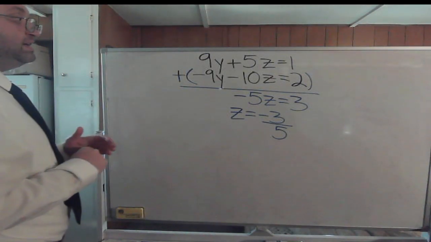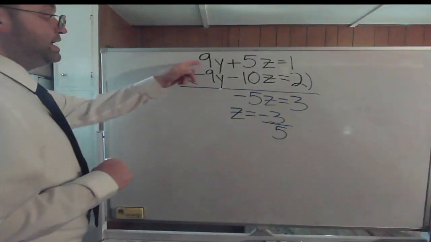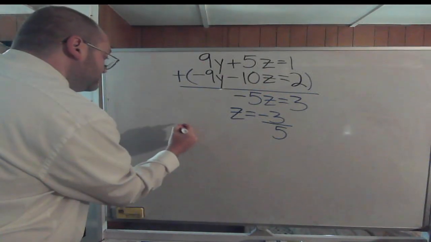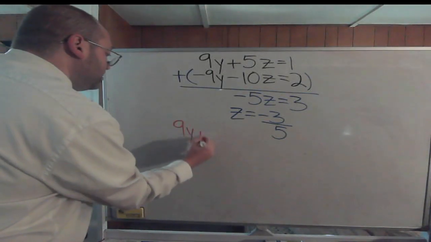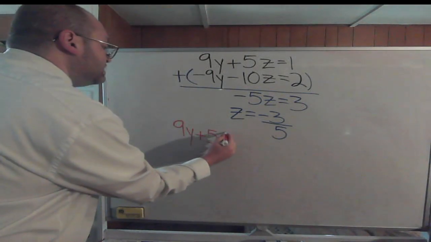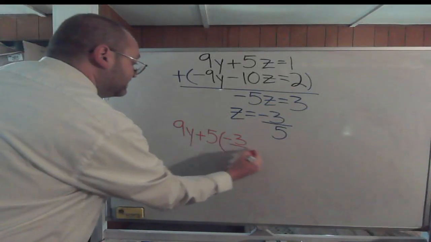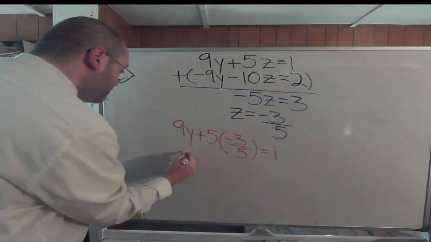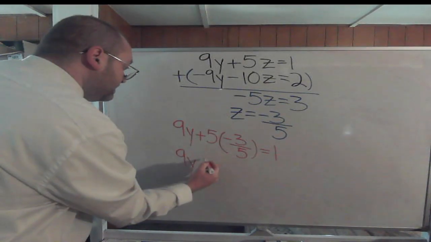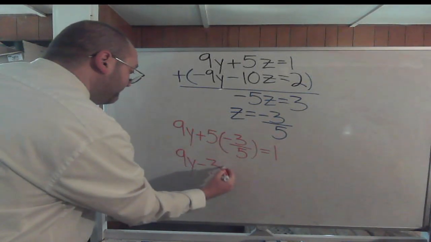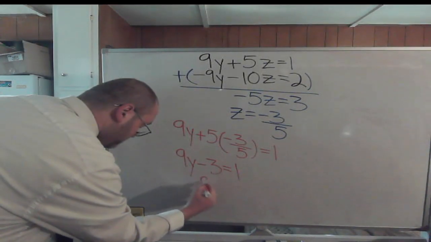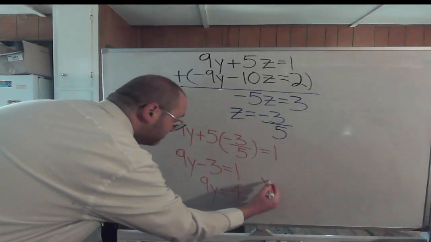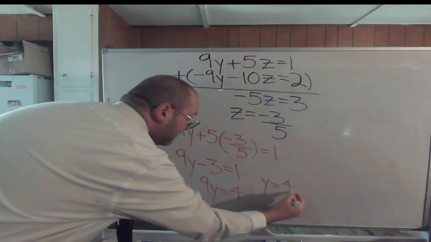So we found z, let's find the y. I'm going to put that into the 9y plus 5z equals 1 equation. So that's going to look like 9y plus 5 times negative 3/5 equals 1, which would give me 9y minus 3 equals 1, which would give me 9y equals 4, which means my y would equal 4/9.